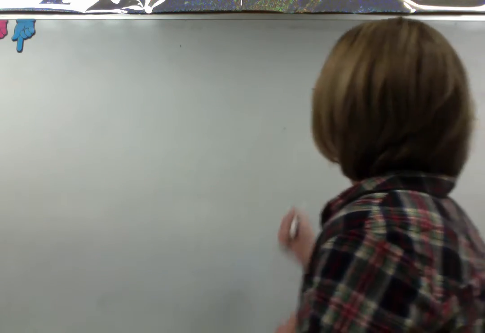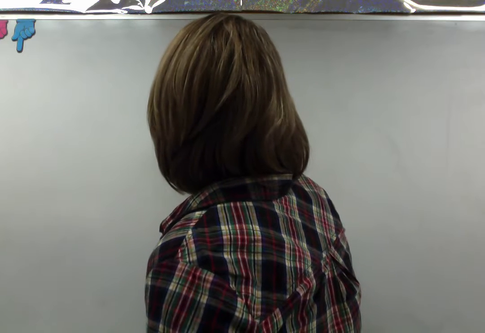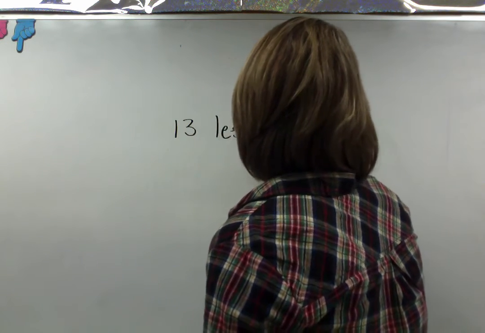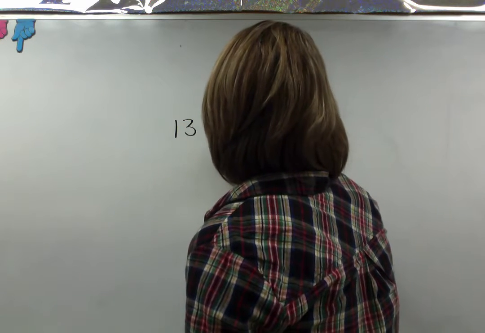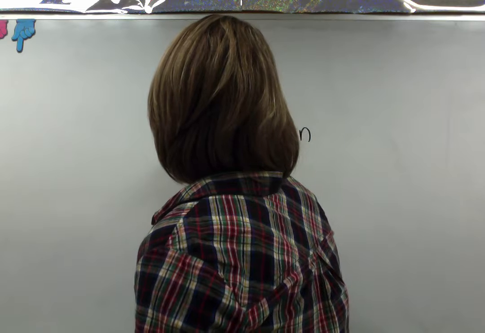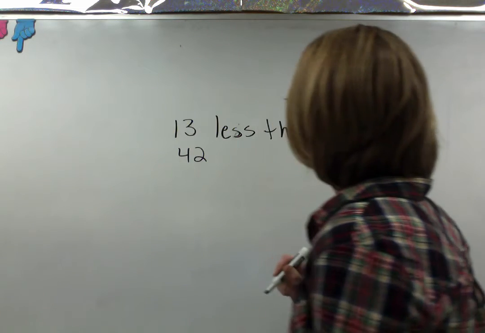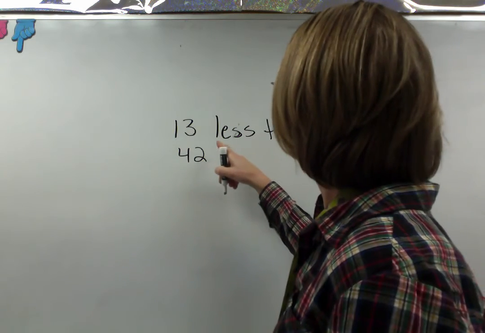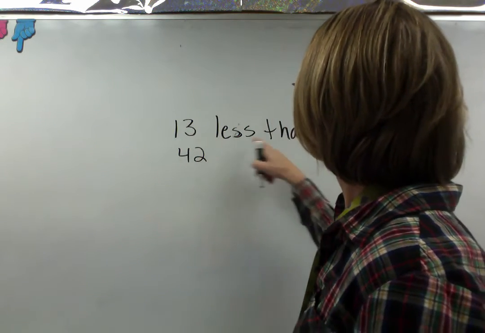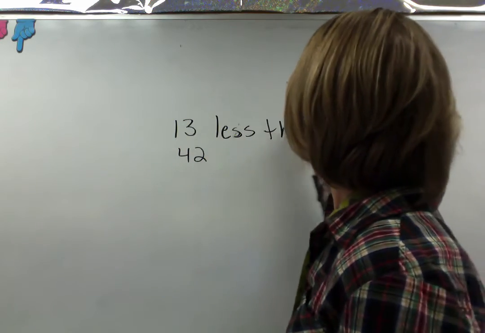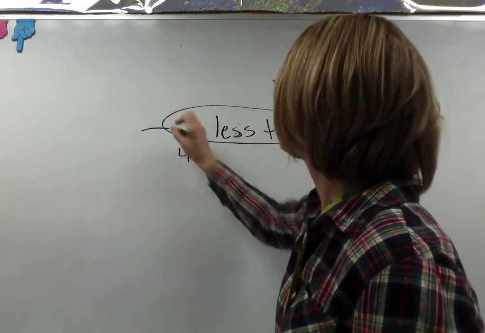All right? So if you have 13 less than, we came across this yesterday, 13 less than 42, okay? In the problem, it's 13 less than, the 13 comes first, but 13 less than actually means the 13 is what's being subtracted.